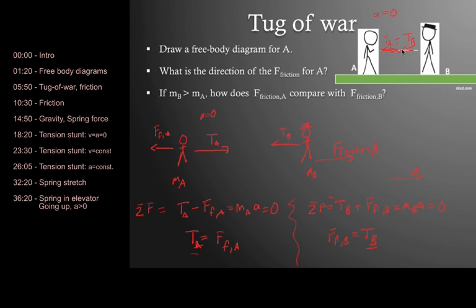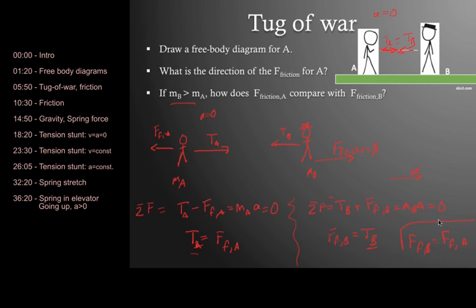So whatever TA is, moving to the right, TB has to be going this way, otherwise this rope is doing something very strange. So these two T's have to be equal to each other. So that means that FB has to be equal to FA.